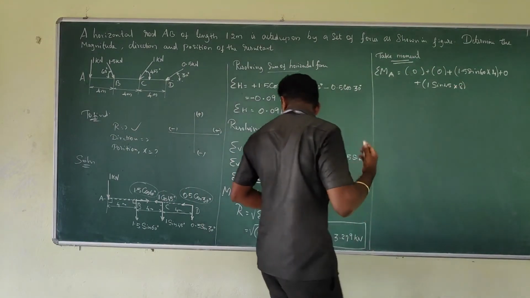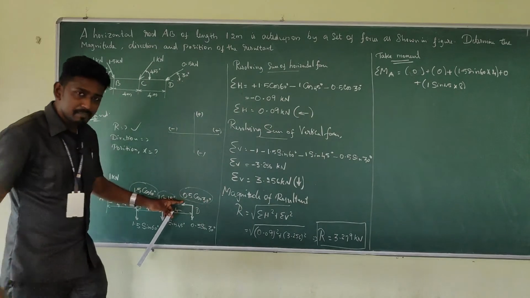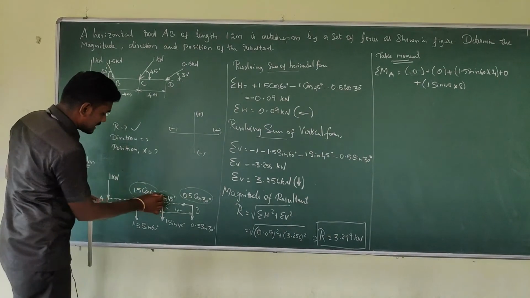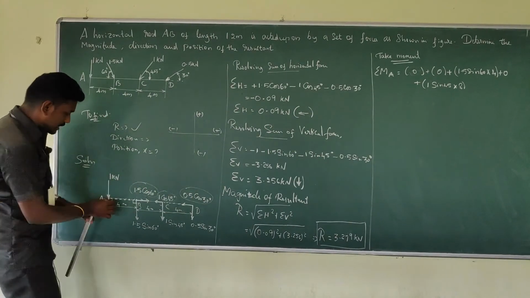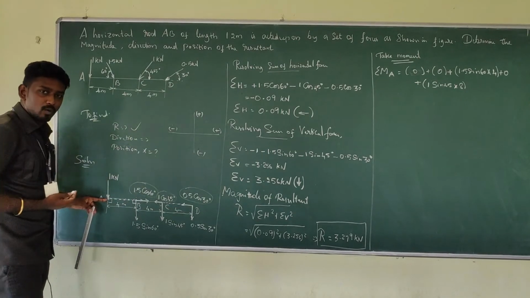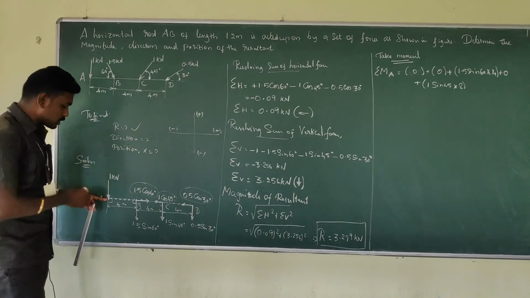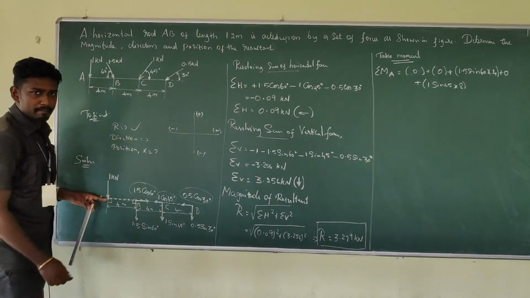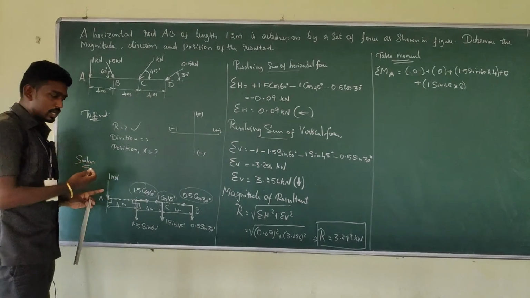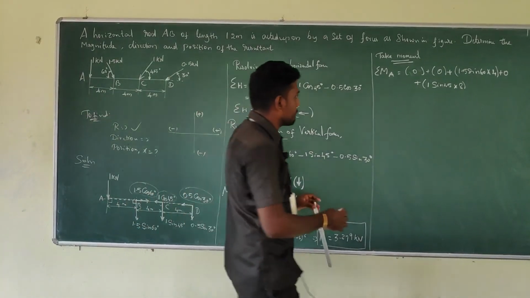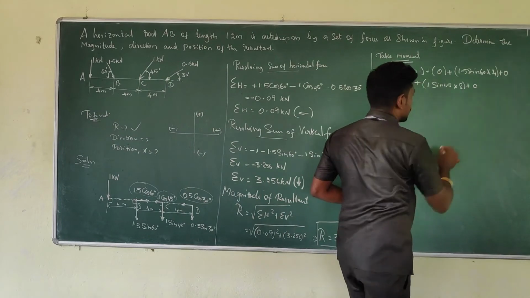And then the next force, the horizontal force. These three have the same line of action, so I can consider it is acting from A. There is no perpendicular distance, so for this as well 0.